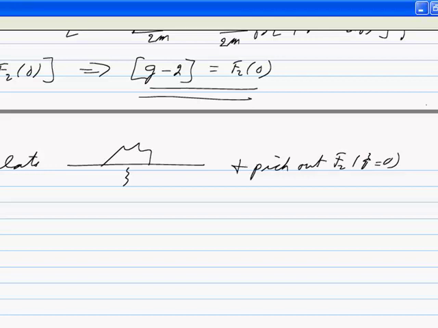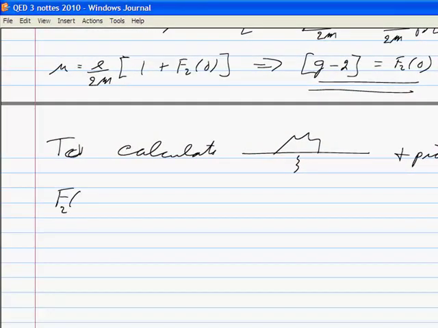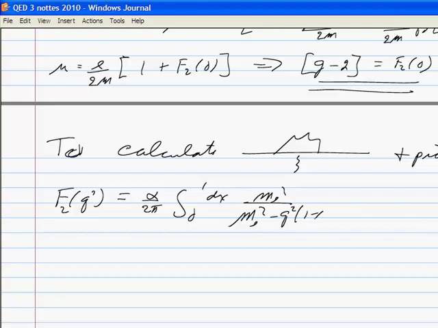The answer when we work it out is F2 of Q squared is alpha over 2 pi, integral 0 to 1 dx, m_e squared over (m_e squared minus Q squared times (1 minus x)) times x, which goes as Q squared goes to 0, to alpha over 2 pi. Okay, so that's the famous calculation there.